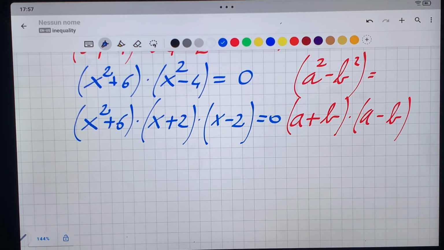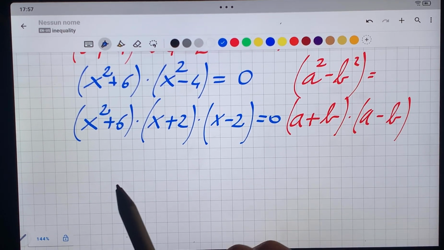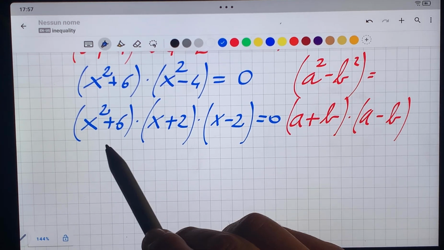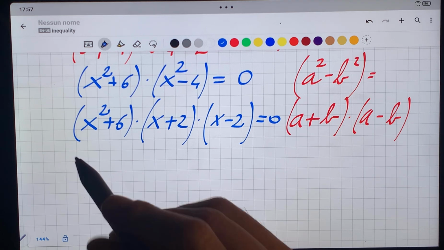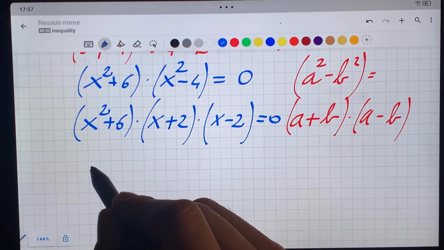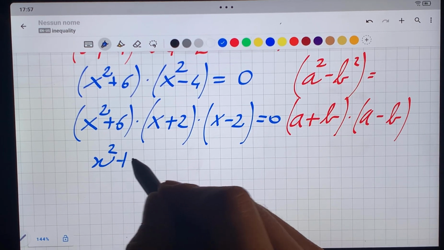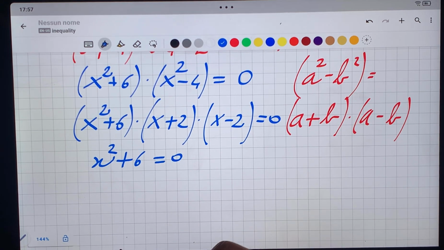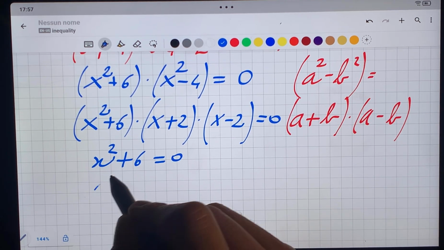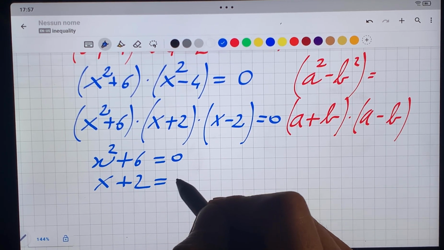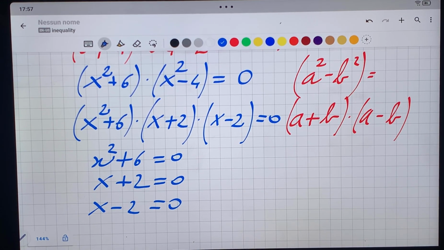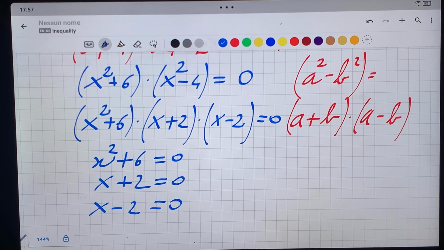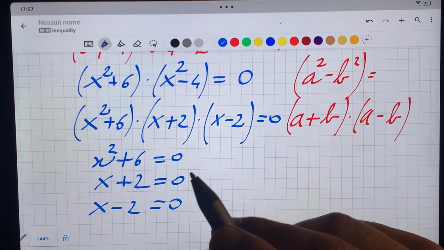Now, for the cancellation property of the product, this is 0 when x squared plus 6 is equal to 0, when x plus 2 is equal to 0, and when x minus 2 is equal to 0.